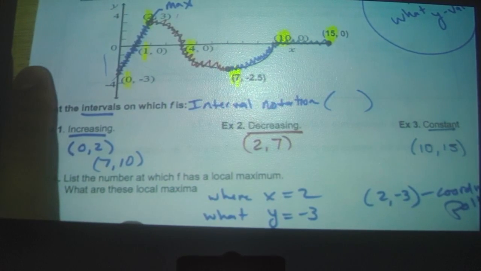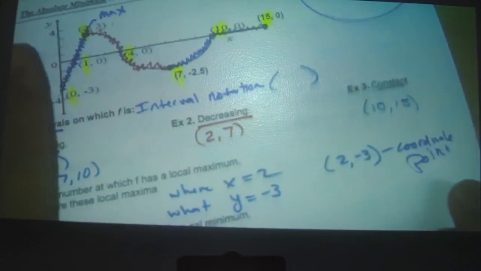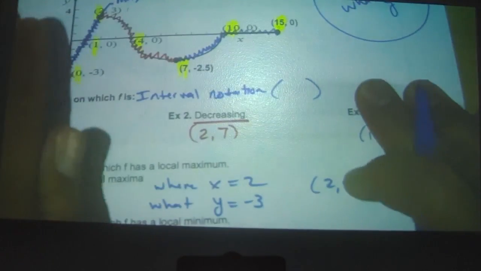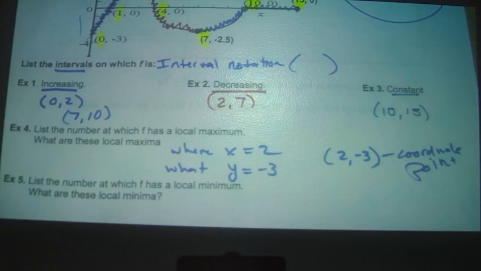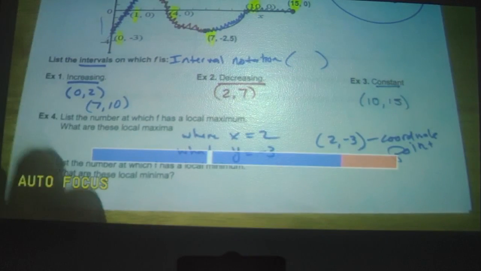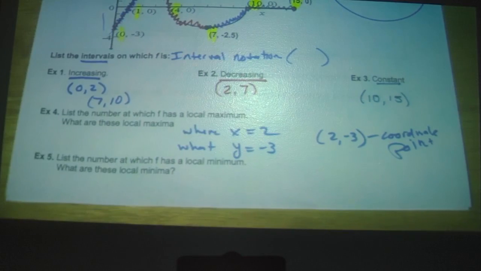If we were in class, taking the test in person, if we go back to hybrid, I'd be fine with that, a coordinate point of 2, -3. Minimum is where it goes from decreasing to increasing, where it goes from red to blue.